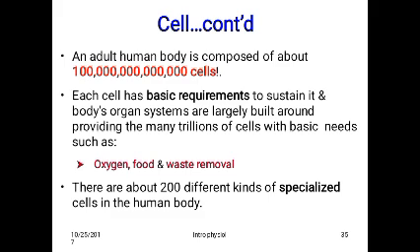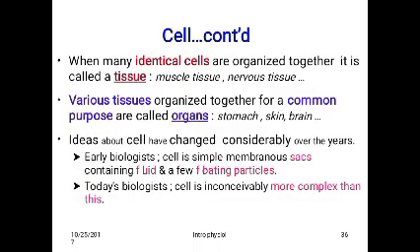There are about 200 different kinds of specialized cells in the human body. When many identical cells are organized together, it is called a tissue: muscle tissue, nervous tissue. Various tissues organized together for a common purpose are called organs: stomach, skin, brain.